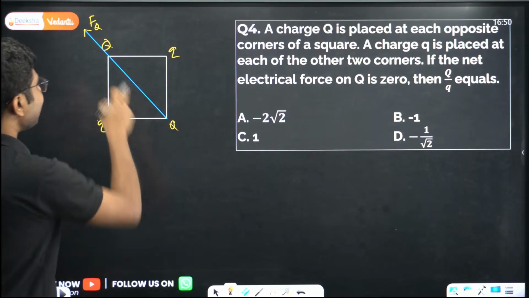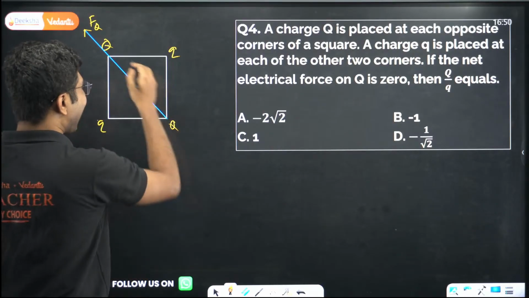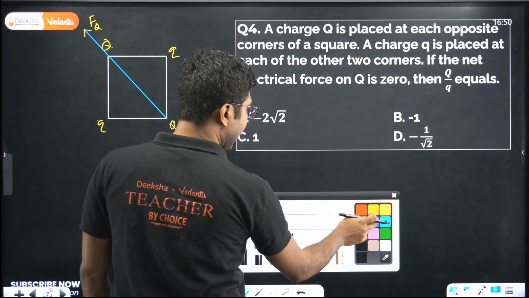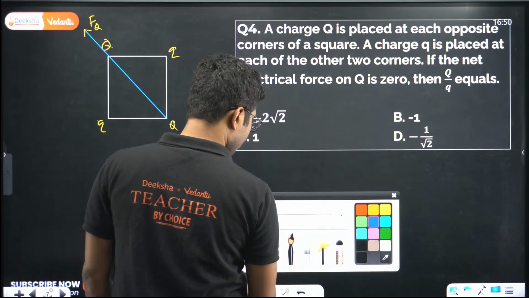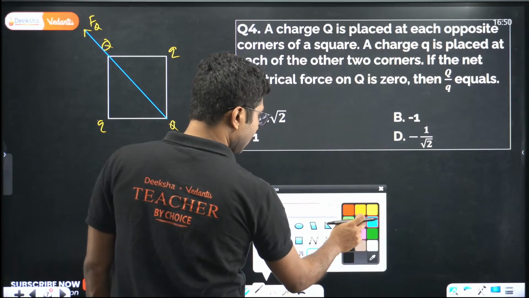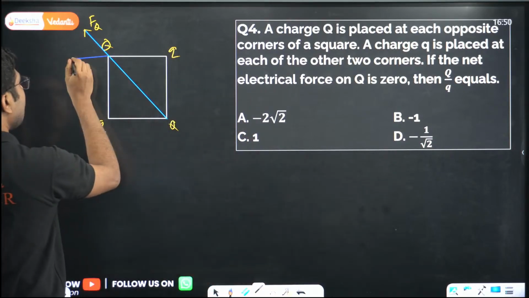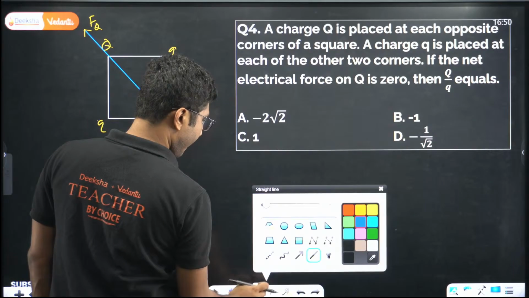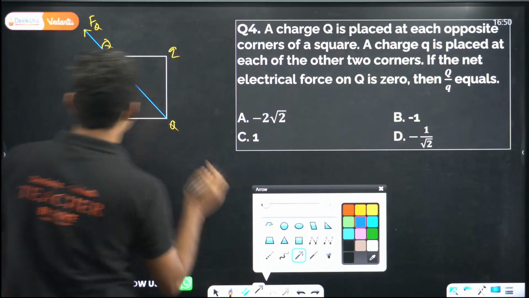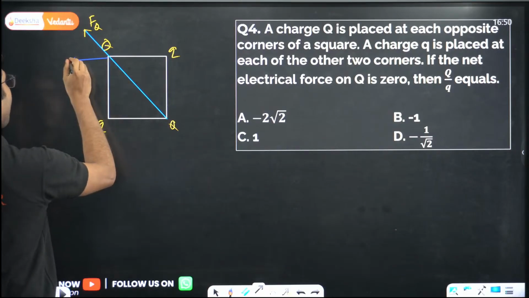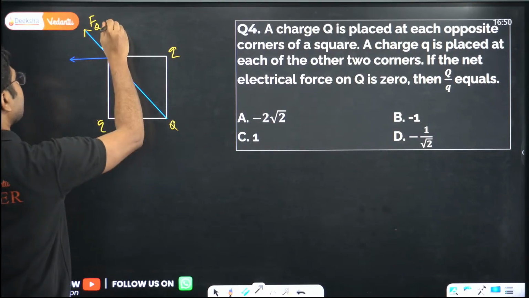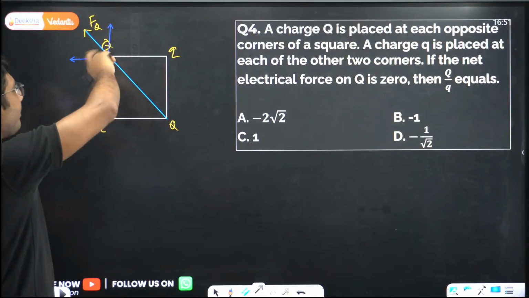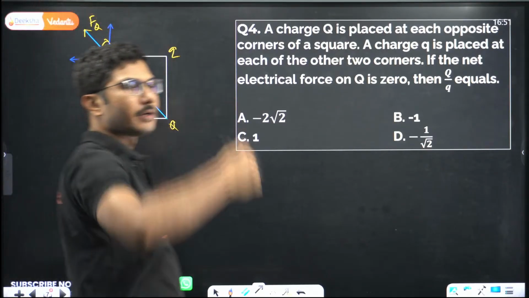Now what about this? If both of them are positive, it should be a repulsive force. So repulsive force means in this direction, and another in this direction. But in that case, if you see their addition, they will be adding up and the outward force will be increased.